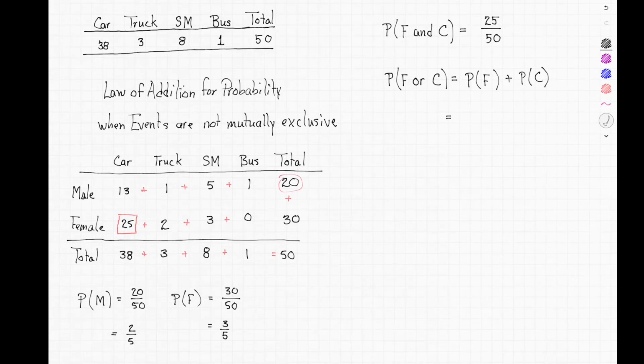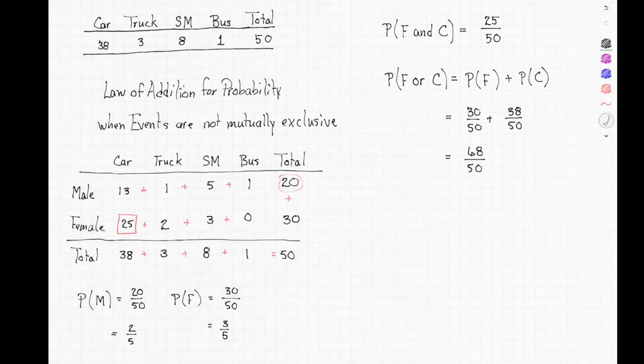So the probability of a female we found to be 30 out of 50. The probability the person drives a car is 38 out of 50. Now, watch this. We have a problem. That problem is that 30 plus 38 is 68 out of 50. Well, right off the bat, we know we have a problem because the probability can never be greater than 1.